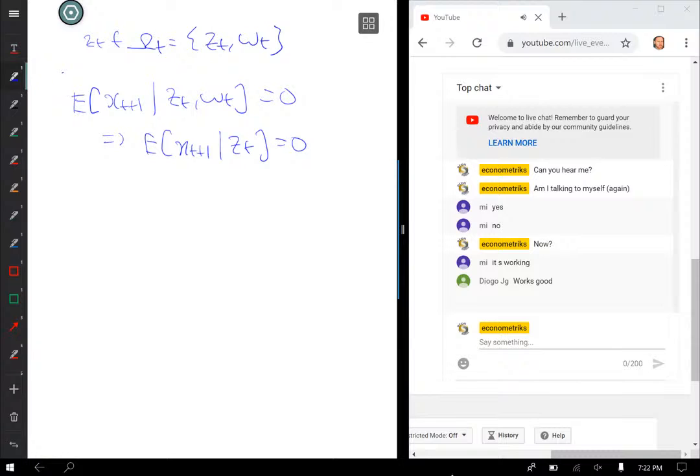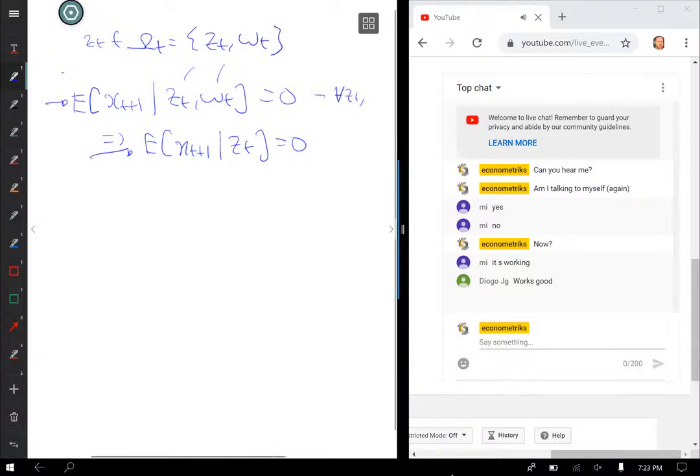So just assume this information set includes only two variables. Of course, in the real example there'll be many, but here just assume there are two variables in the information set, and we want to condition on just one of them. This says that the average value of xt plus 1 given any z and all w's is naught. So if you then average this across all values of w for the given zt, that also equals naught, by the law of iterated expectations.